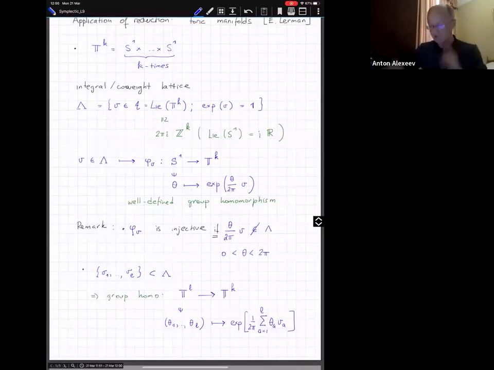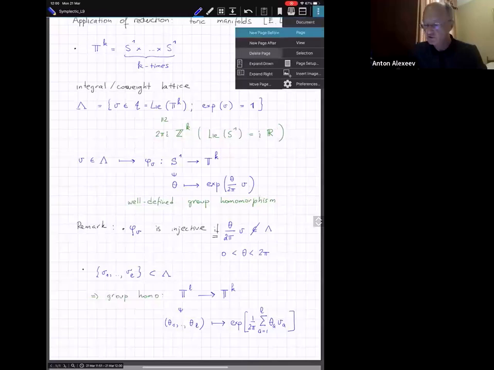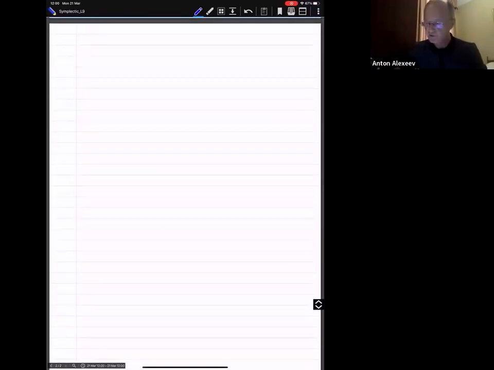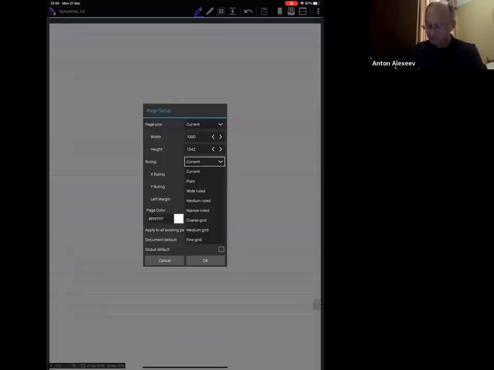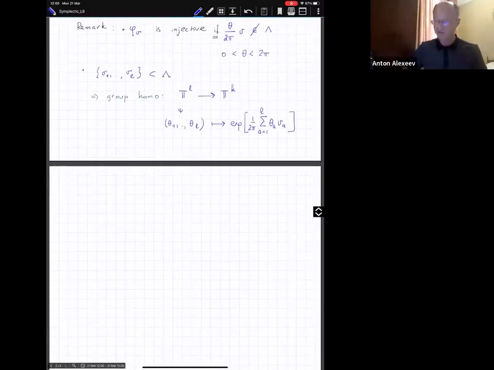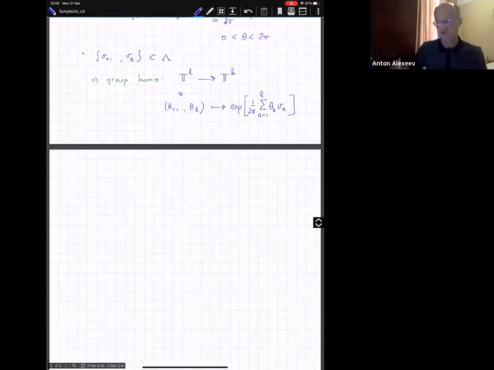And we are interested in a question. So we are interested when this group homomorphism is injective. So let me state the condition, and then you tell me whether it's clear or not.